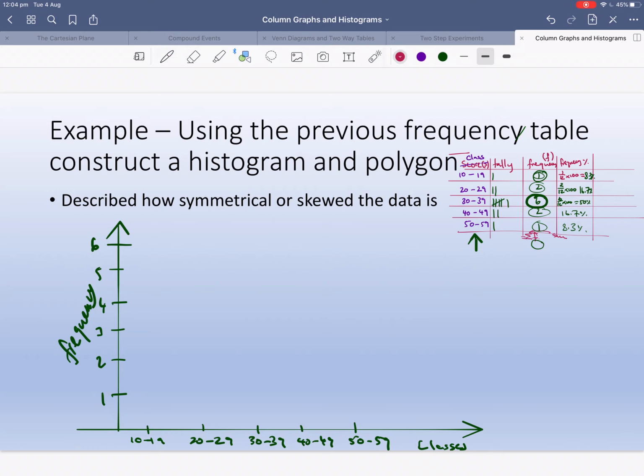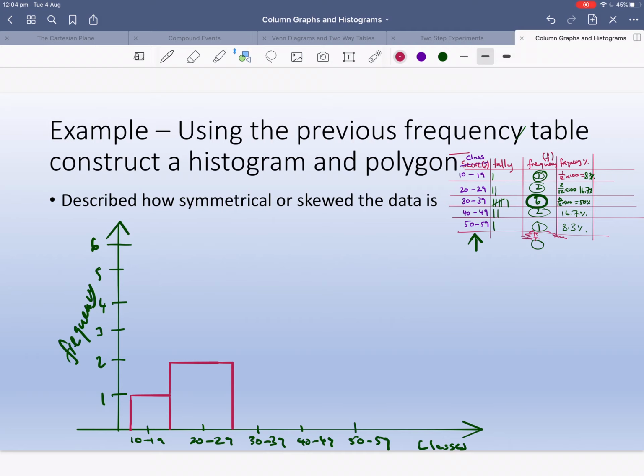And now I'm going to do my histogram. So in the first class, I go up to 1, so I'm just going to draw a bar like this. Now remember, this is not a column graph, so the bars go right next to each other. So the 29 goes up to 2. Let's try to keep it in the middle, and these need to be consistent.